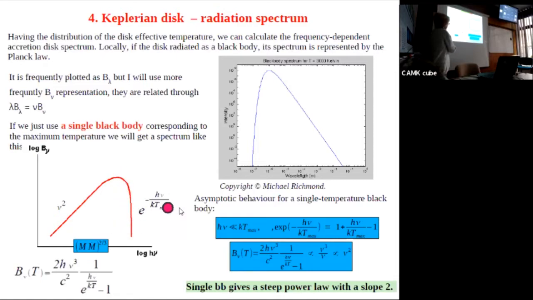So if you are close to the maximum temperature, then of course your emission goes down. And at longer wavelengths or lower frequencies, you can determine the power law dependence. Because this is the expression for the Planck function.